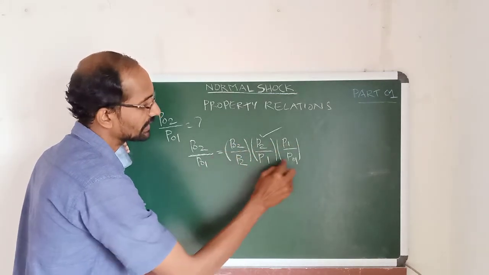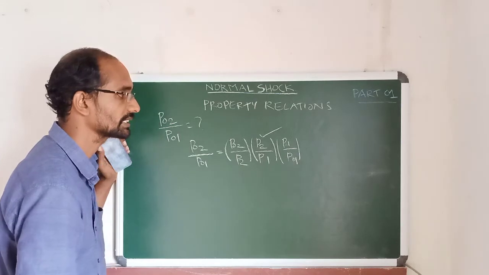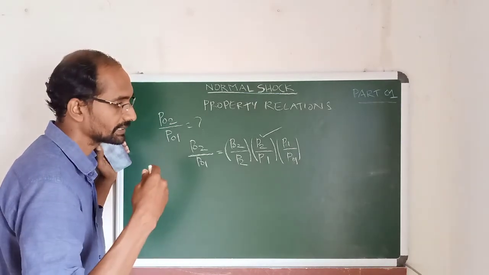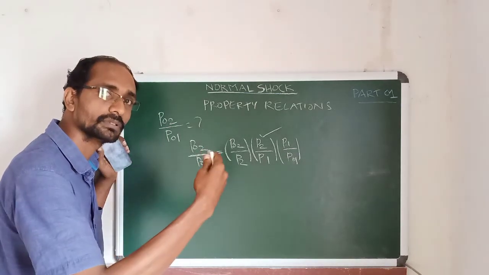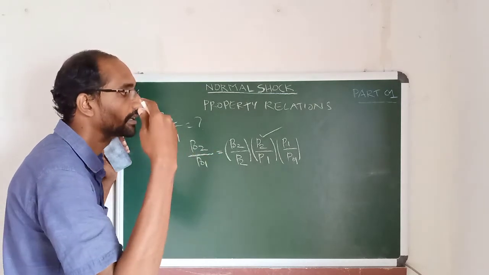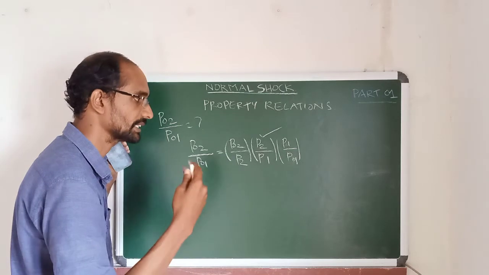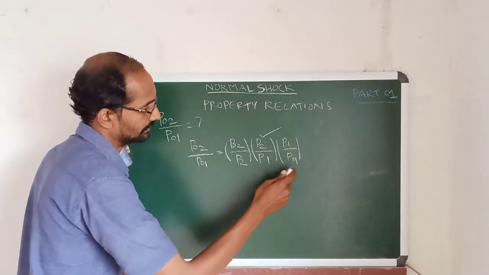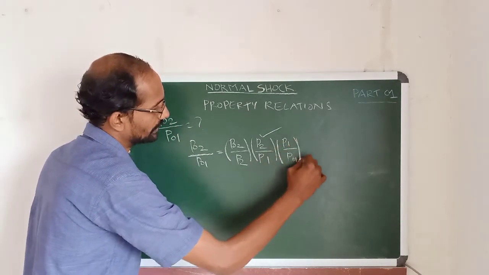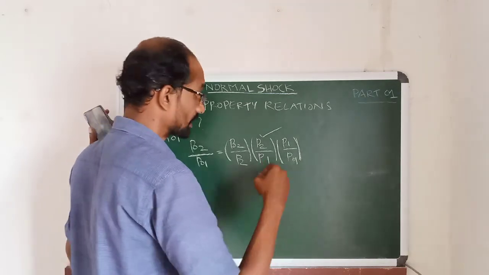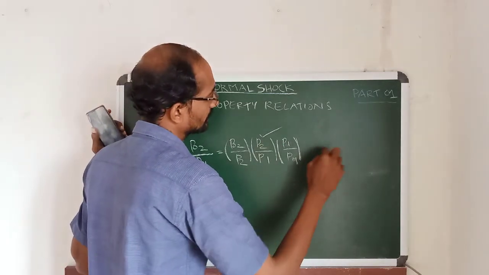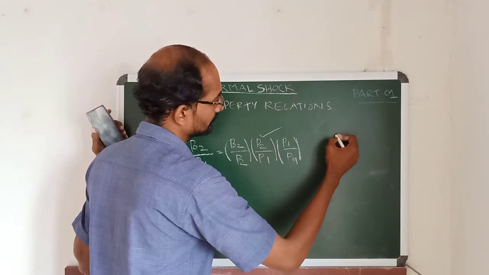See, the first and the last ratios are a connection from the static quantity to the corresponding stagnation pressure, that is, from the static state to the stagnation condition.